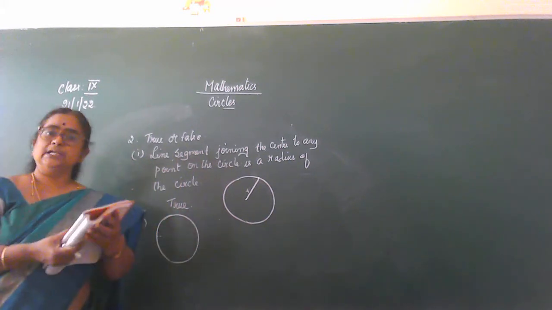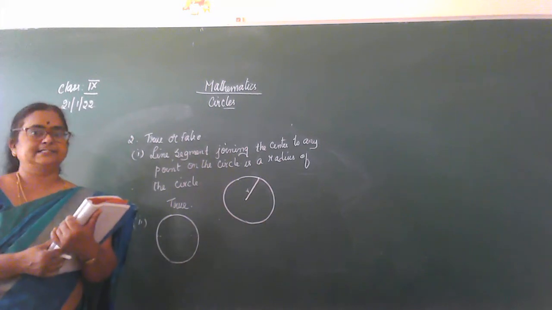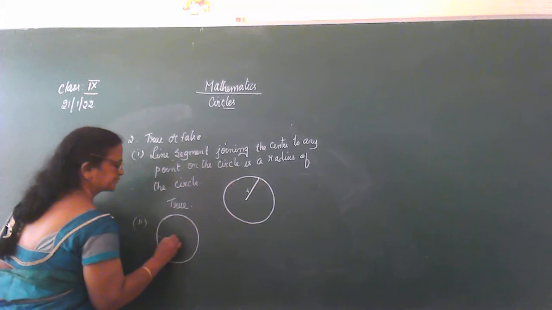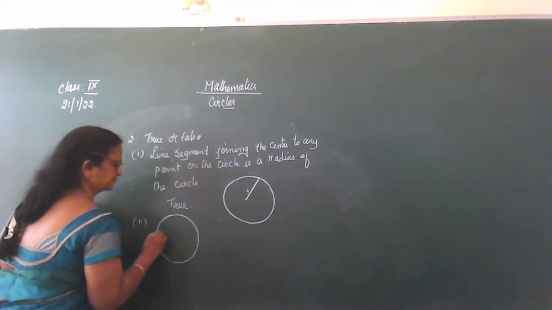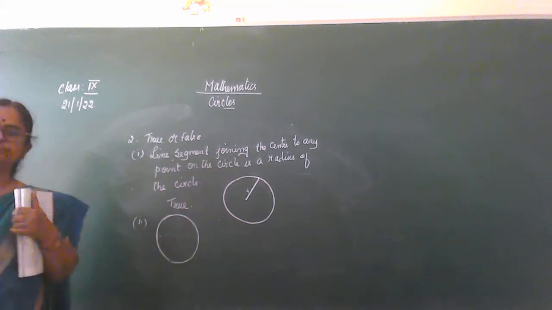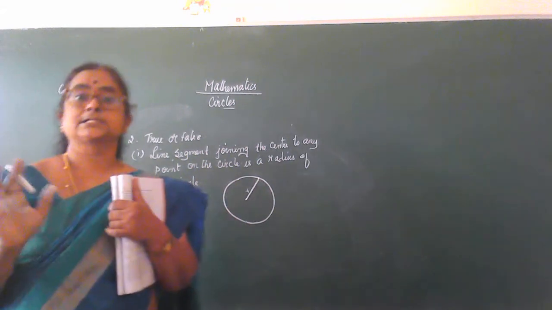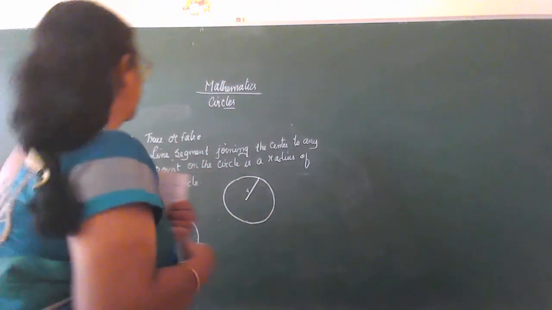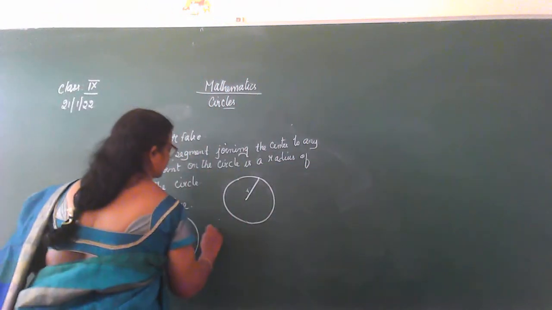So, equal chords will be finite, he is asking. No. You can draw on both sides. It is not finite. An infinite number of equal chords can be drawn. So, this is false.